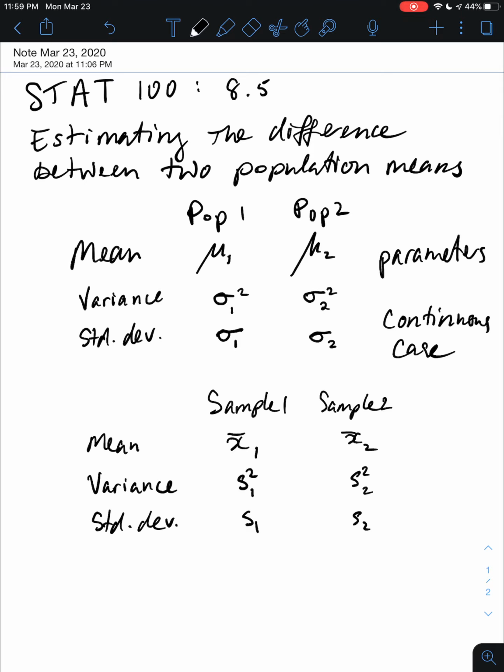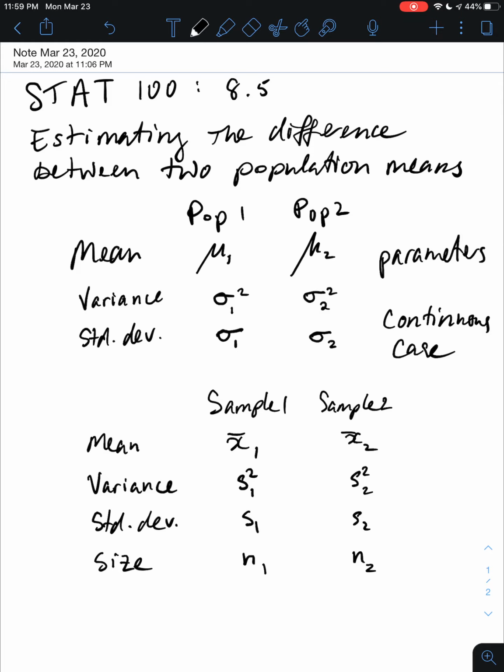And in the case of a sample, we have the sample size. That is usually denoted by the symbol n, but in this case we're going to decorate it again with this index, n sub 1 for sample 1, n sub 2 is the sample size for sample 2.